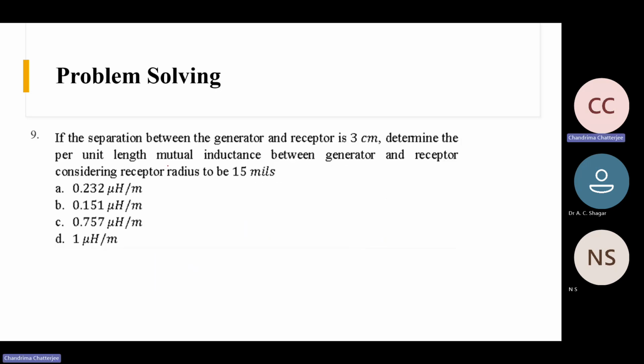Let's see the next question. If the separation between the generator and receptor is 3 centimeter, determine the per unit length mutual inductance between generator and receptor, considering receptor radius to be 15 mils. So now you will have to find out what is Lm.